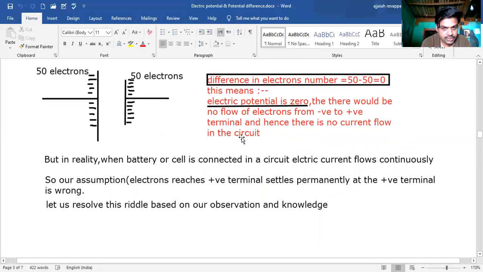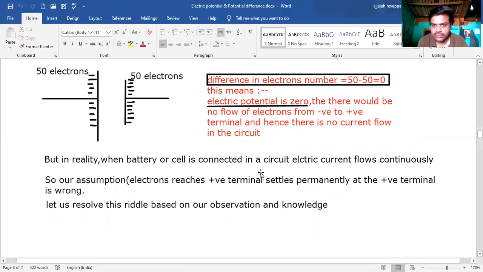This is actually what is happening according to our assumption. But in reality, in our day-to-day life, when you connect a cell or a battery in a circuit, there is always a continuous flow of electrons till you switch off.